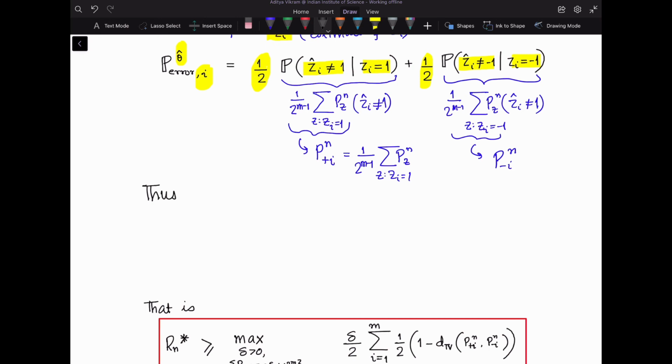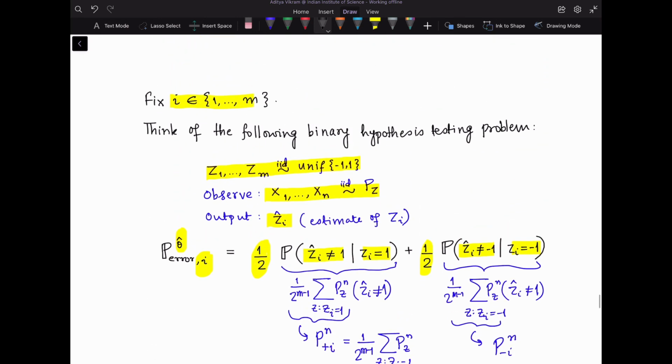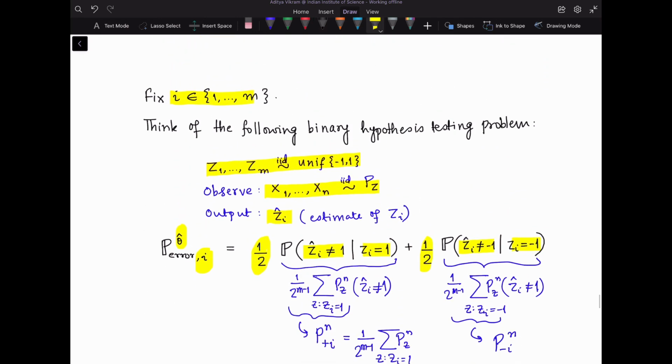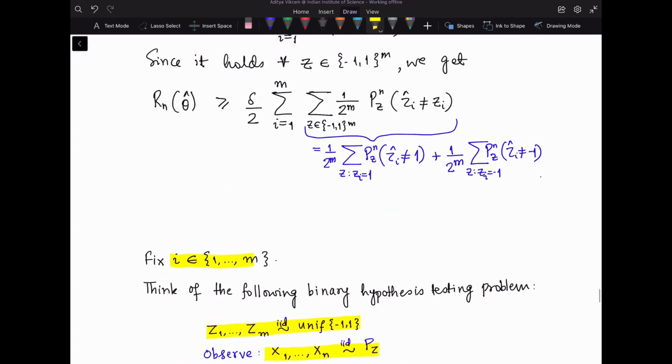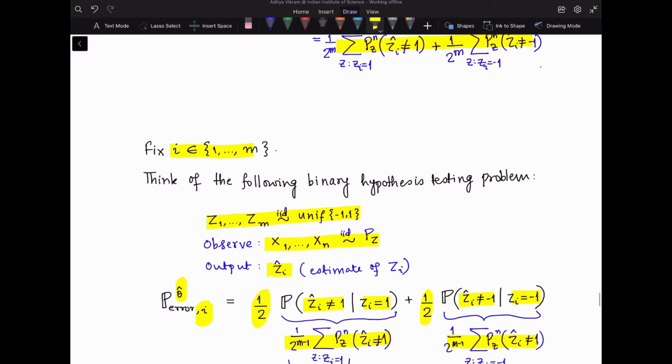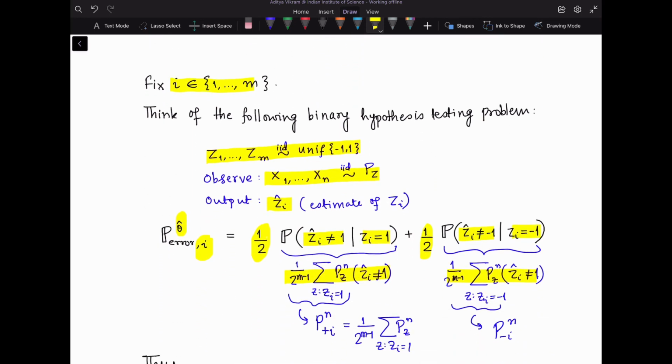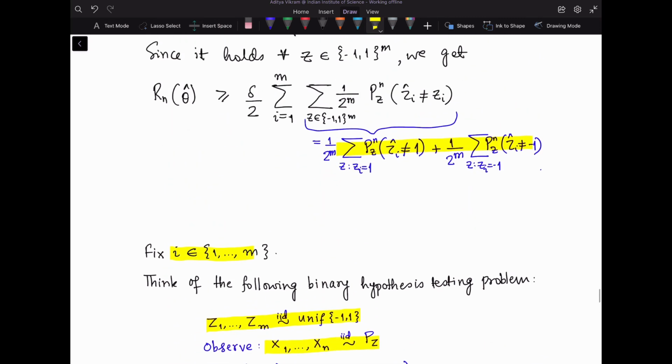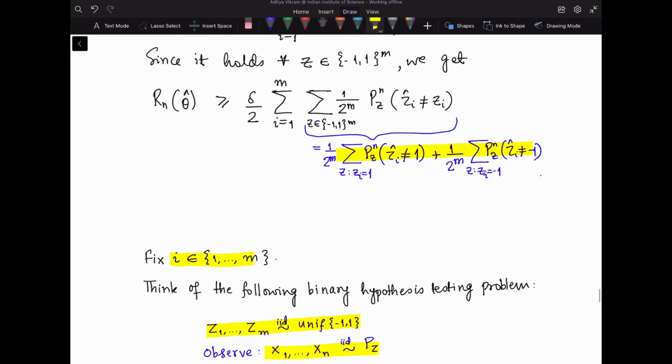Thus, notice that this expression we derived here is the same as this expression here, except that you have 2 power m minus 1 here, but when this is multiplied by this extra half, you get 1 by 2 power m. So this is exactly the same thing as this.